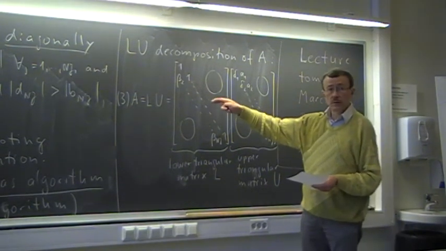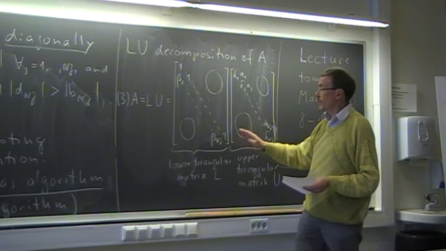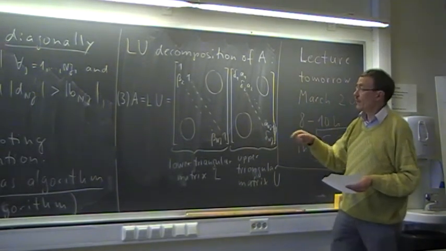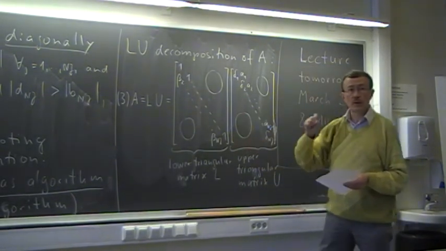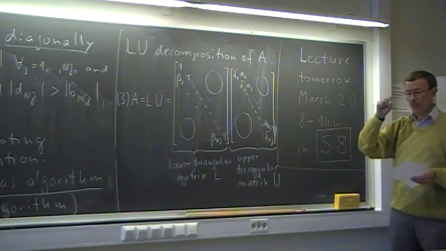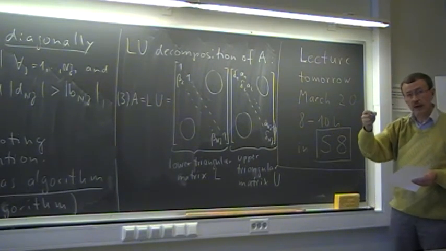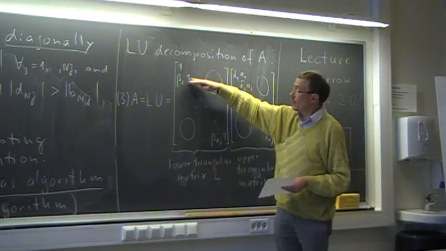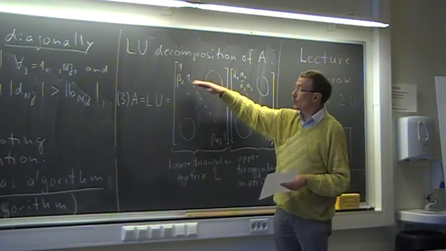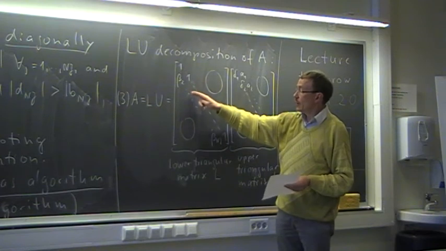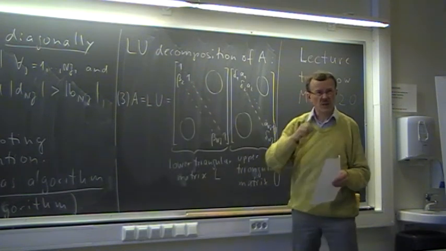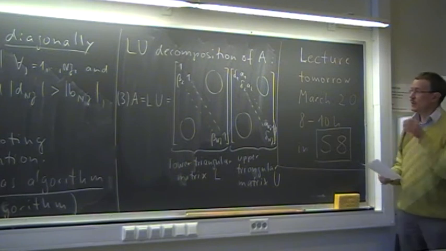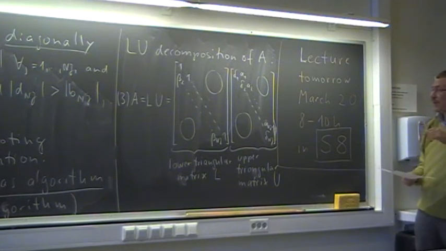And for the L, you don't need to do anything with the diagonals, but these coefficients are the ones you multiply the pivot row with to eliminate the values below the pivot. So you get it from Gaussian elimination too. But we now want to get it from this ansatz.